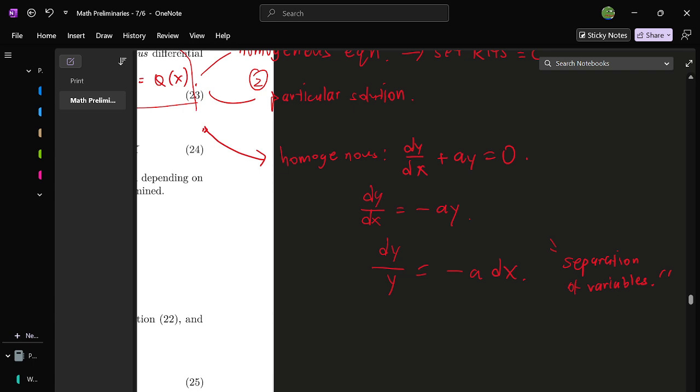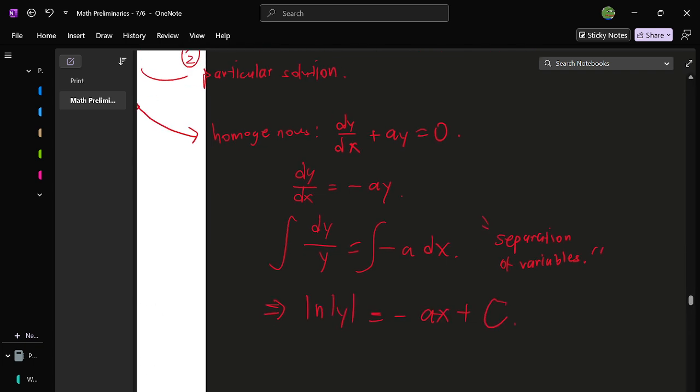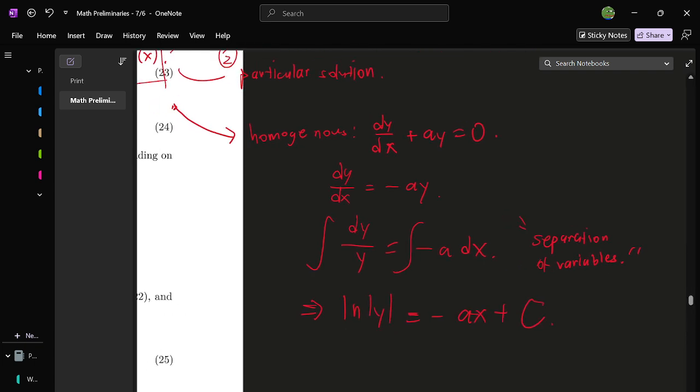So our instinct would quite clearly tell us that, okay, we have dy and y on one side, then we have dx on the other side. So why don't we just integrate both sides? And by doing this, you would get this, where c is an arbitrary constant.